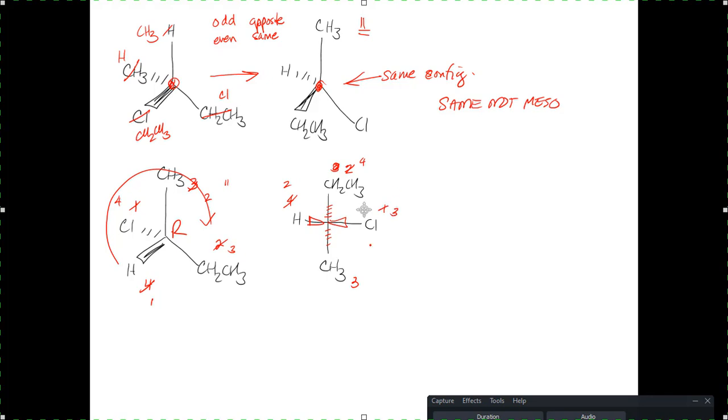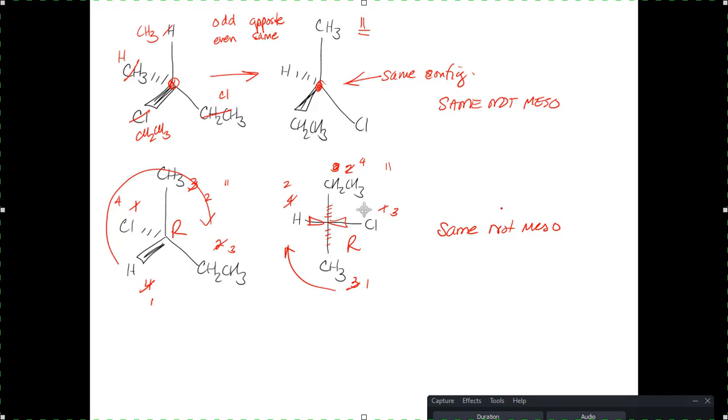Then I'm going to switch 1 and 3. So now I've done 2 switches. So whatever I determined was the same as the original configuration. Going from 1 to 2 to 3 is now R as well. Same configuration. These two molecules are the same, but they are not meso.